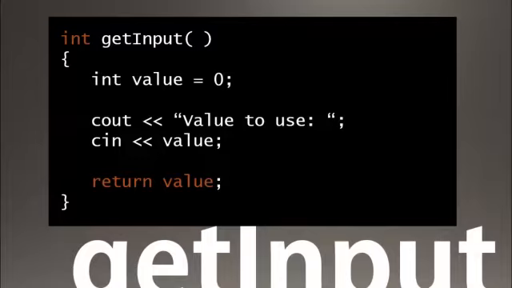So if we called this from main, let's say we said x equals getInput, then the 10 that the user had given us in this function is returned back and assigned into that variable x. So this is a value returning function. This will make a little bit more sense in a few minutes when we look at an actual operating program and we can see the data being passed back and forth.